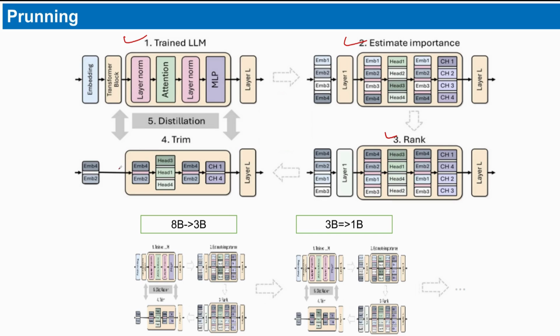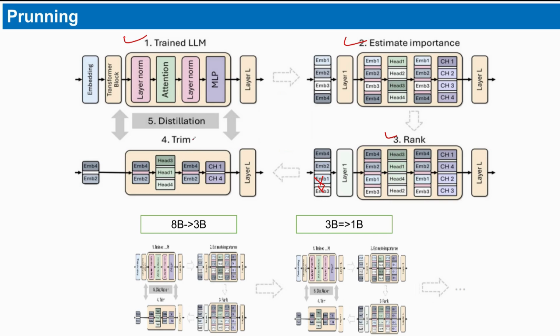Whatever components are less ranked, having less importance in the overall architecture, they remove. For example, from the embedding layer, suppose embedding 1 and embedding 3 are less important, so in the next step they directly trim these.